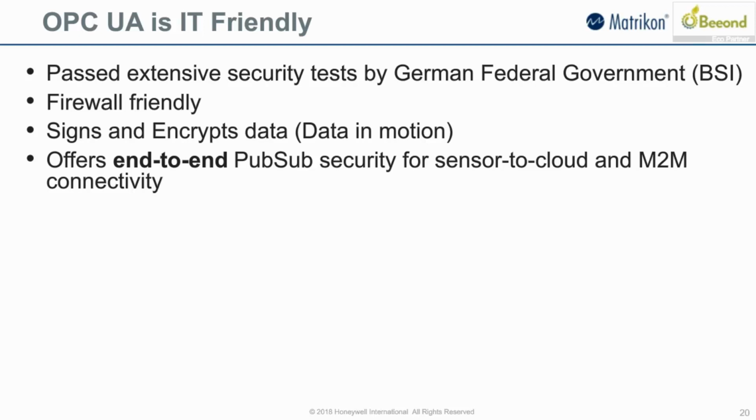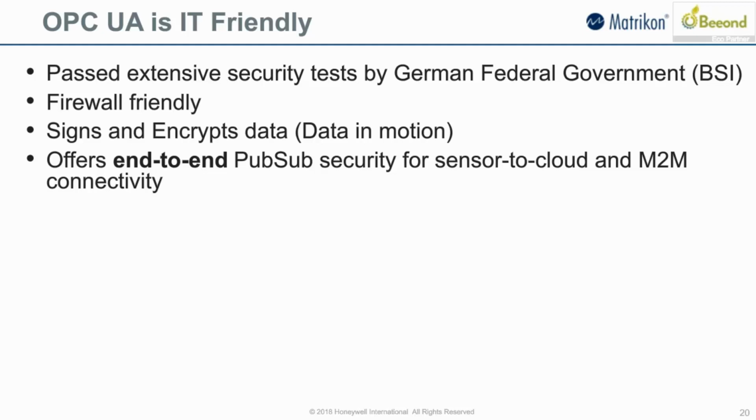Since each broker decrypts the data as it goes and then encrypts it again before it sends it off, obviously if one of them is compromised, you just lost your security. OPC UA does end-to-end encryption, which means the publisher has its own encryption, and once it's sent over, say, something like MQTT, even if one of the brokers decrypts that information, it's of no value, because the keys are shared between the publisher and the subscriber end-to-end, and therefore everyone in between is left in the dark, as they should be.